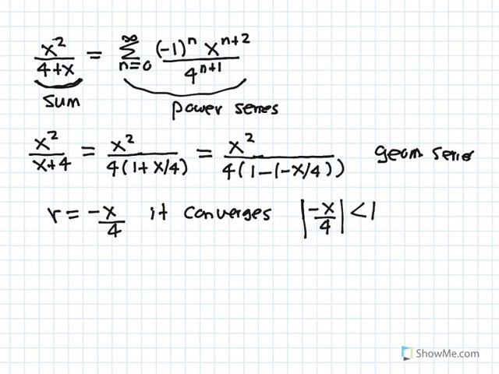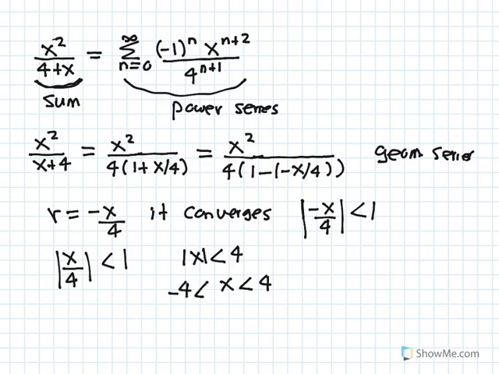So let's get rid of the minus sign, so we get x over 4 is less than 1 because the absolute value gets rid of the minus sign. So we get absolute value of x less than 4. And that means x must be between 4 and negative 4. This is the interval of convergence.